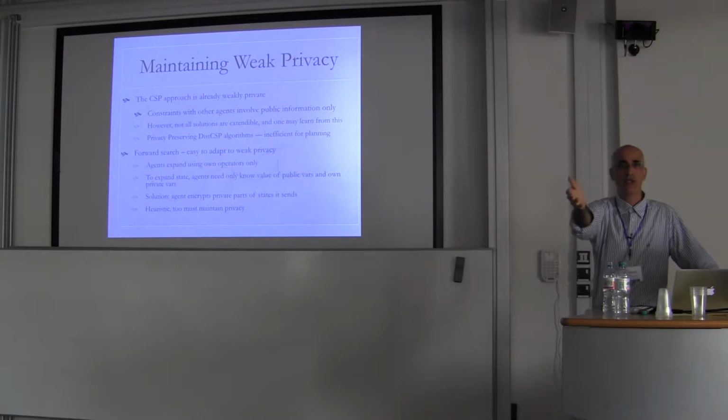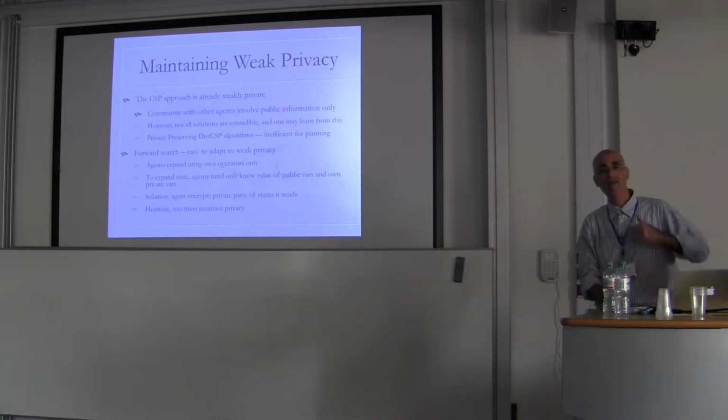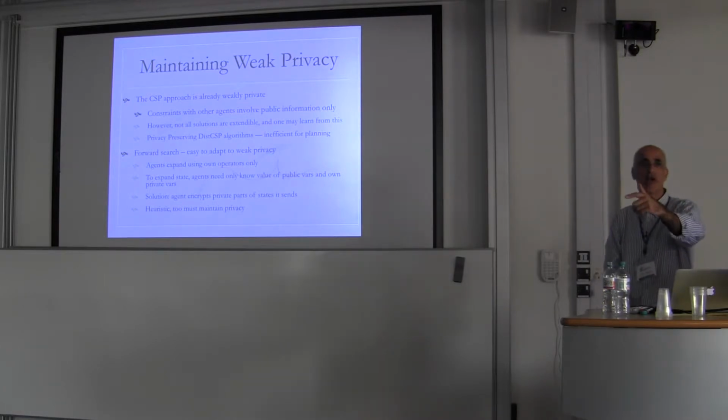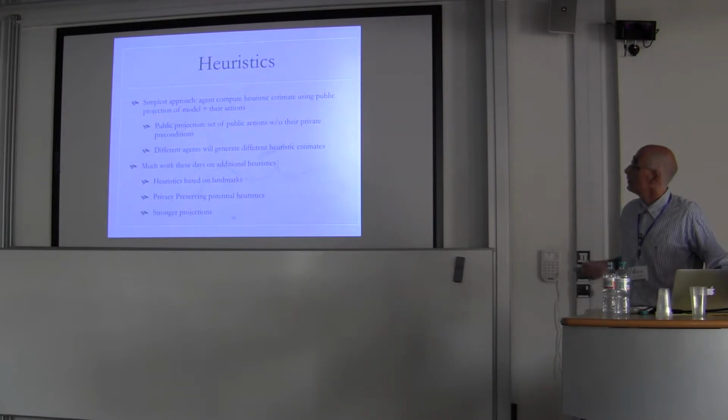If I did not originally send you my encrypted private state, I will not know what my private state is in the state that I get back from you. So I don't know what action I can actually apply. So I have to send you these encrypted private states so that when I get things back, I'll be able to know which action to apply. Okay, so that's weak privacy.